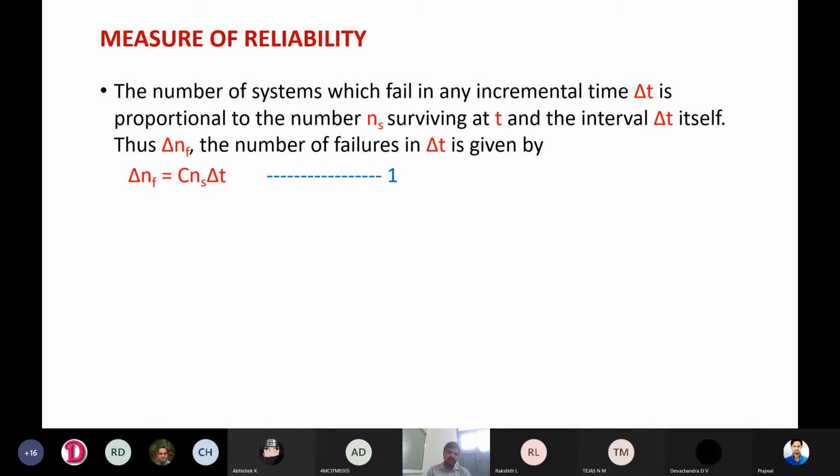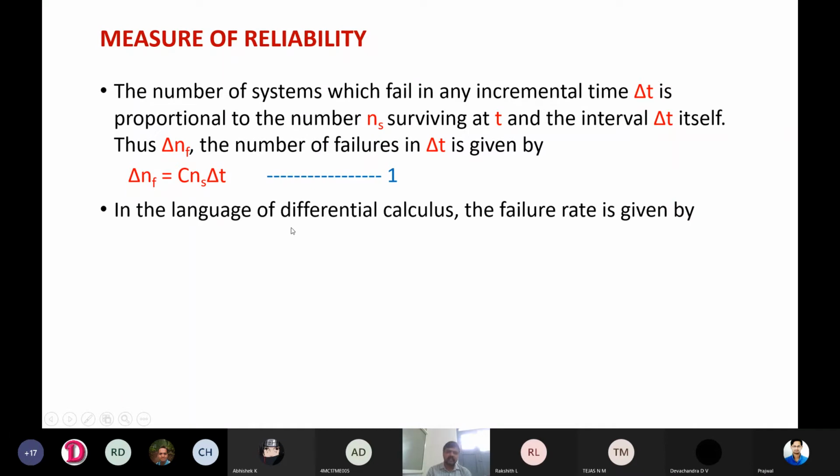So here the number of failures is proportional to the number of survivors in the time interval delta t. So this is the equation. In the language of differential calculus, the same equation can be written as dNF by dt.